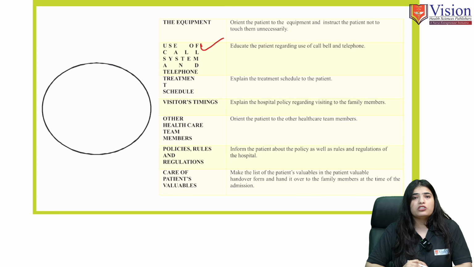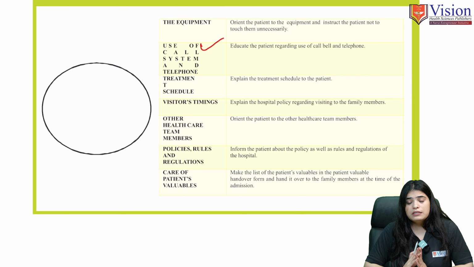So next is treatment schedule. We have to orient the patient with the treatment schedule too. We have to tell them that tomorrow we have planned this, the day after that we have planned this, so the patient will be ready for that. And visitors timing, which is very important. We have to tell the patient and the family member about the visitors time.